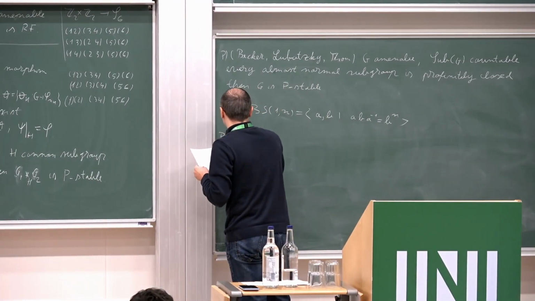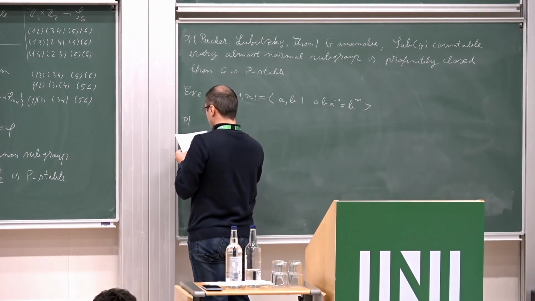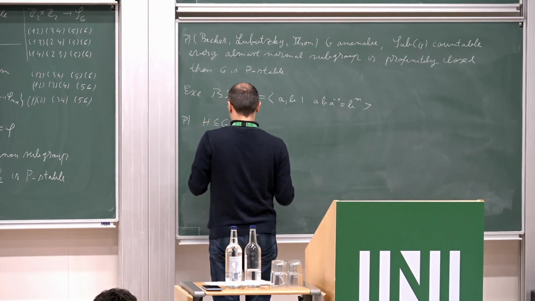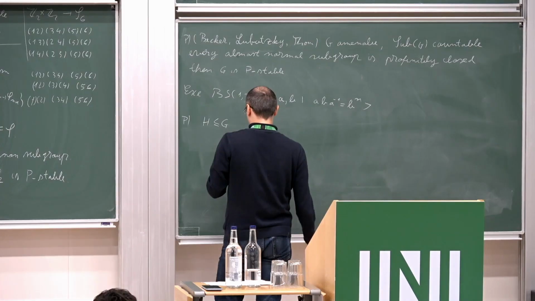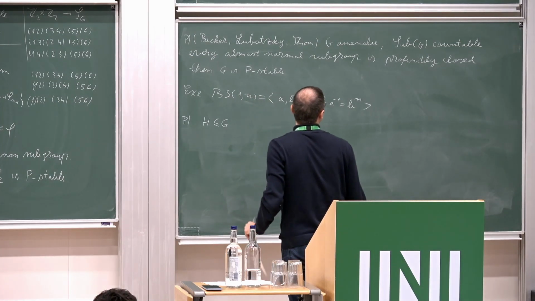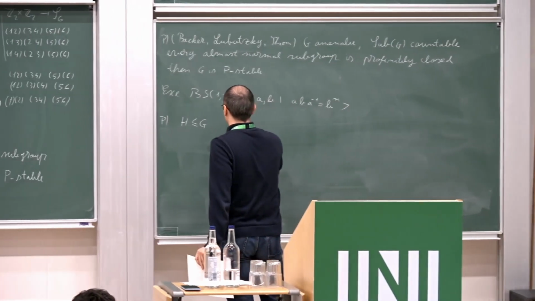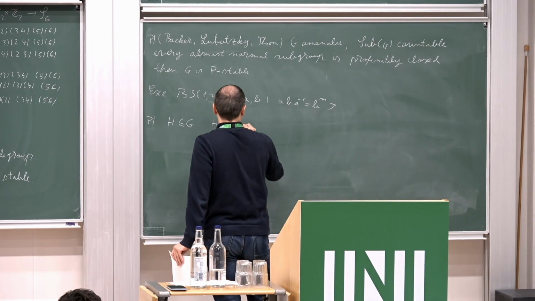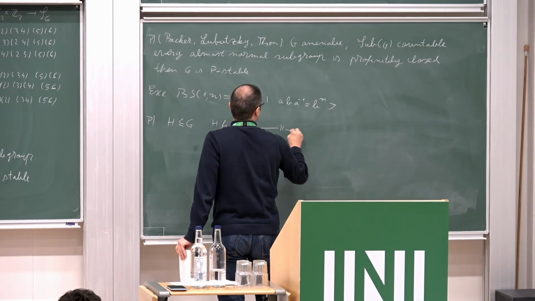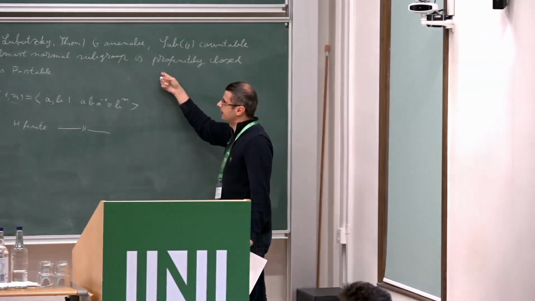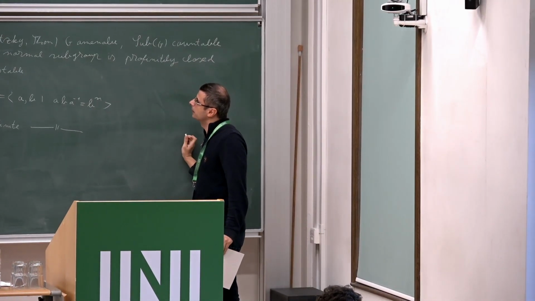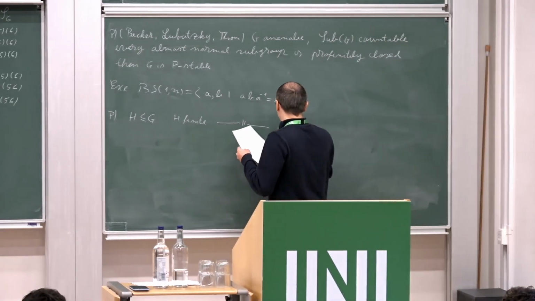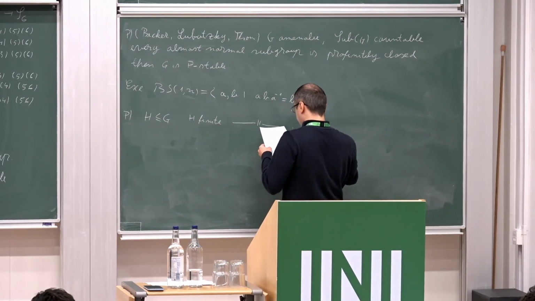So how can this result be extended? If we have a pair of groups, the same thing, so H finite, and the same thing as before: G amenable, countably many subgroups, and every almost normal subgroup is profinitely closed. And additionally, I will need what we call the extension property.